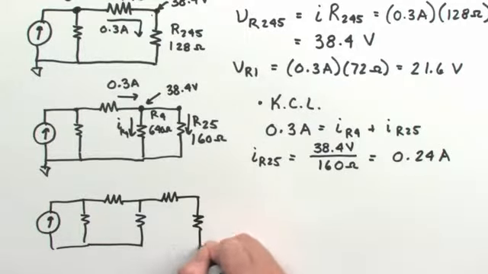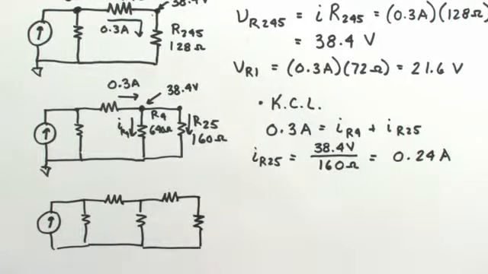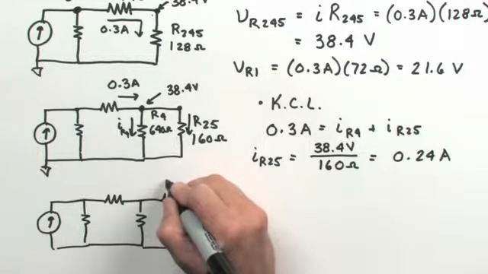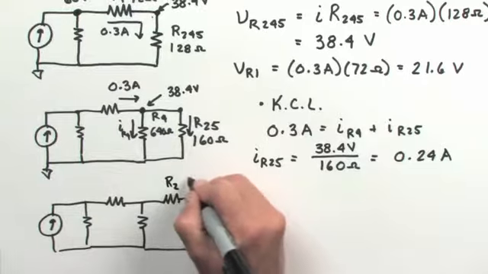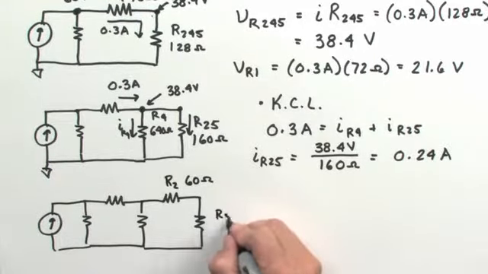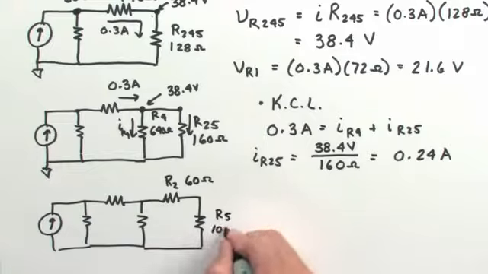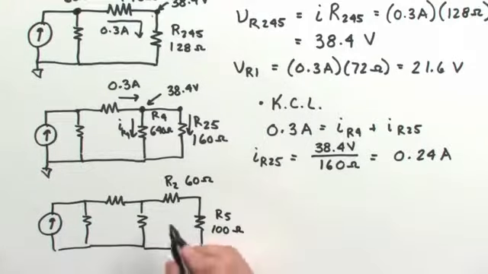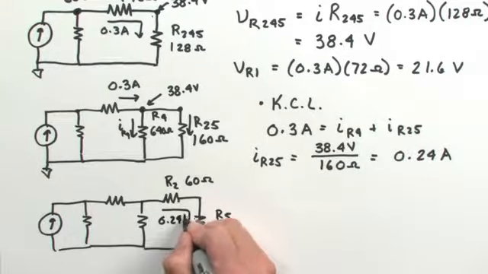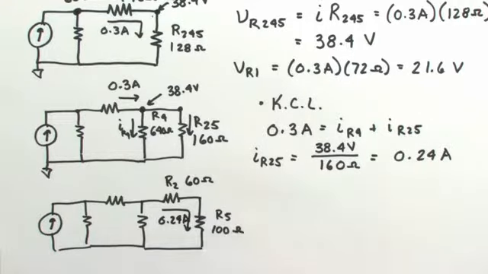Recognizing that that R25 equivalent resistance was comprised of resistor 2, which had a value of 60 ohms, and resistor 5, which has a value of 100 ohms, I know that through both of these, I have 0.24 amps of current flowing. Therefore, I can calculate the potential difference across R2 or across R5.